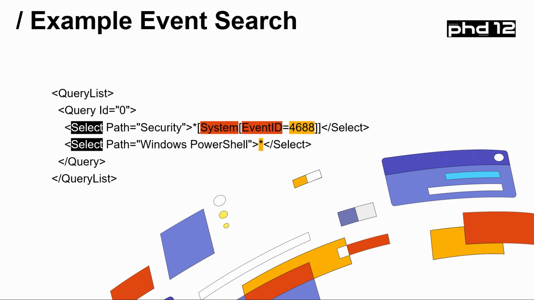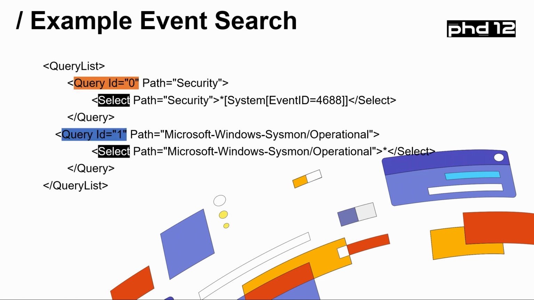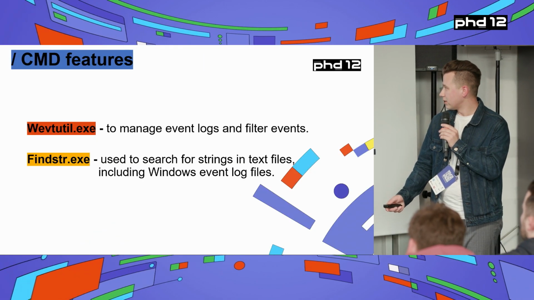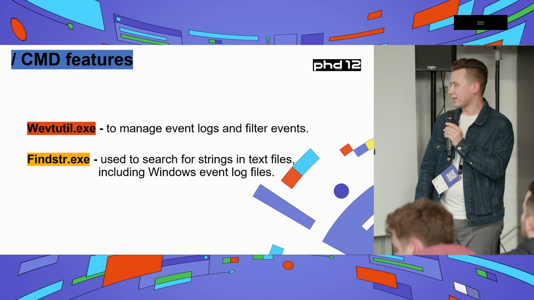We see what events have been launched and what Windows PowerShell events took place in the system. You can see this asterisk here. We can also split into 2 queries, which is great from the perspective of logic. And we can see suppress as the keyword here.